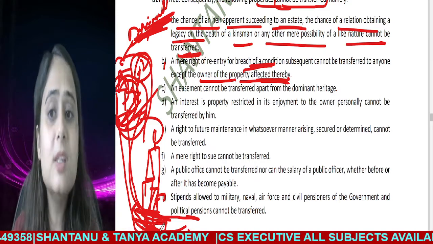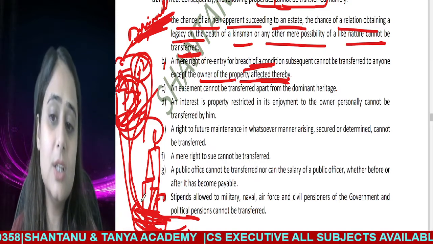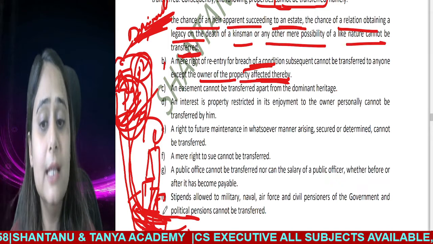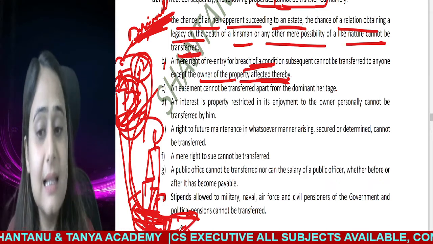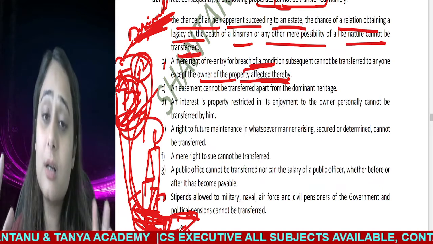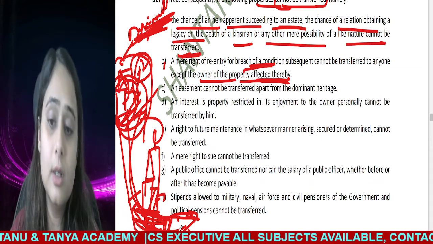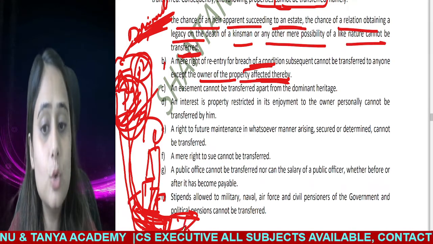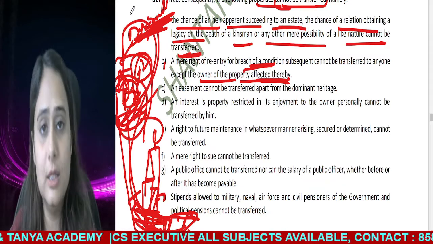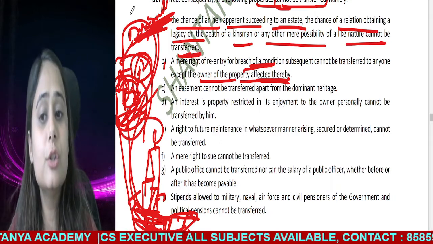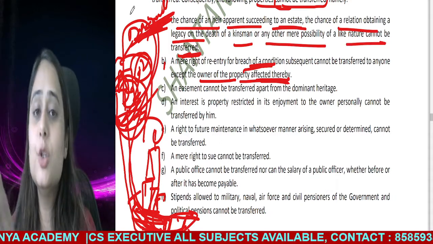But without selling the dominant heritage, I cannot give the right to use this particular area to any person. I cannot transfer the right to use this particular area to another person without transferring my dominant heritage. Correct? There was only one way of reaching that house.